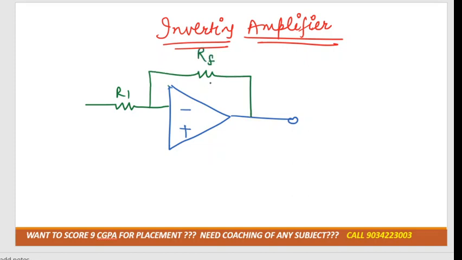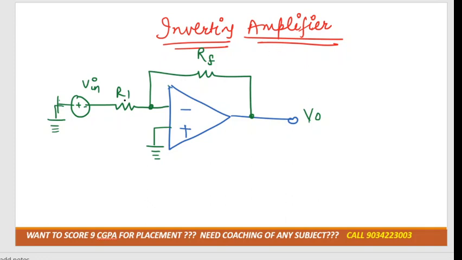Feedback resistance is always connected with the negative terminal only, and feedback means the output is connected with the input. Output voltage is denoted by V naught, the positive terminal is grounded, and here we'll provide the voltage, that is plus minus V in, the input voltage, and the other terminal of the input voltage would be grounded. Okay, got it?